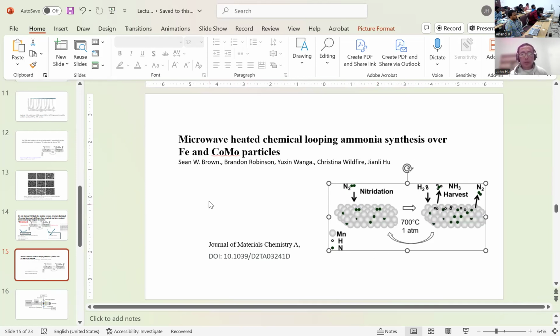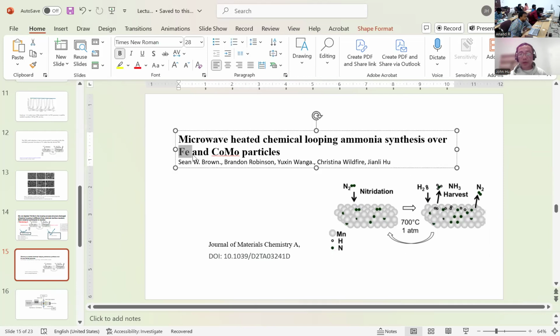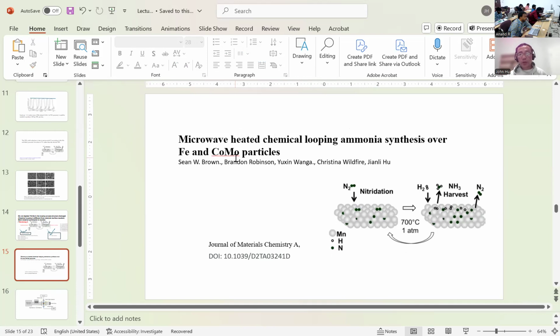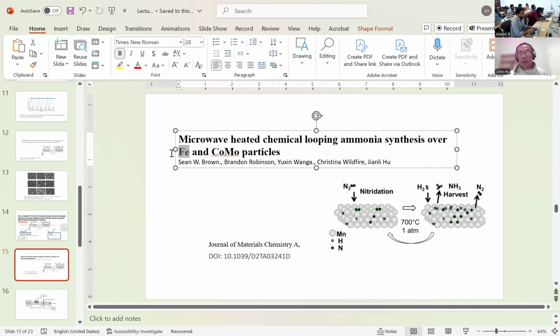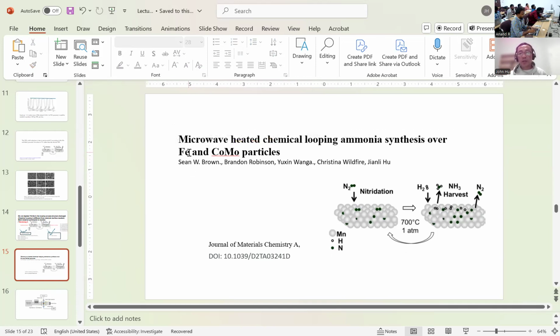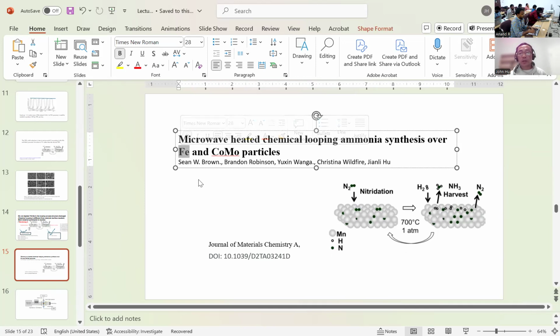So for the paper I'm talking about, they chose two different nitrogen carriers. One is iron, the other is cobalt moly. The reason they chose cobalt moly is because it's bimetallic, so maybe it has more selectivity under the microwave. The reason for selecting iron is because iron has not only a metal nature, it also has a magnetic nature.